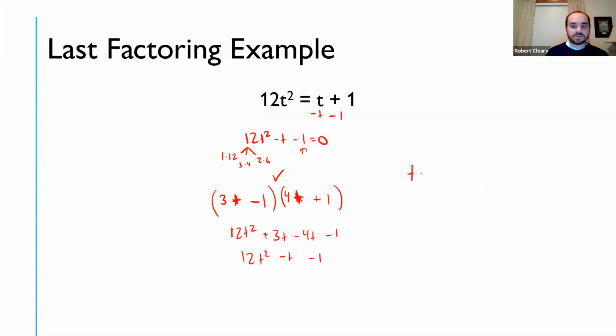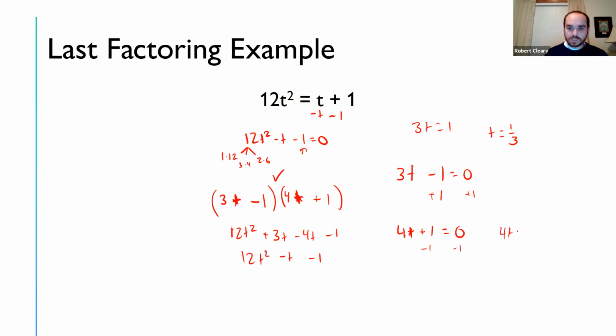So now we want to set each of these equal to 0. So we have 3t minus 1 equals 0. And we have 4t plus 1 equals 0. Add 1 to both sides. Get 3t equals 1. Divide both sides by 3. t equals 1/3. And then on this one, we subtract 1 from both sides.